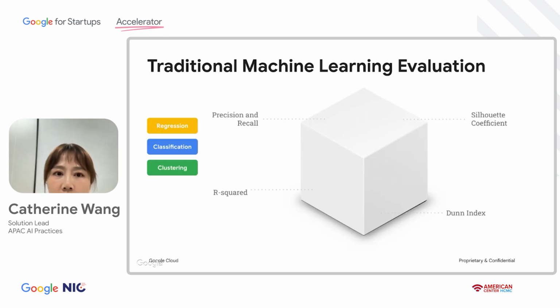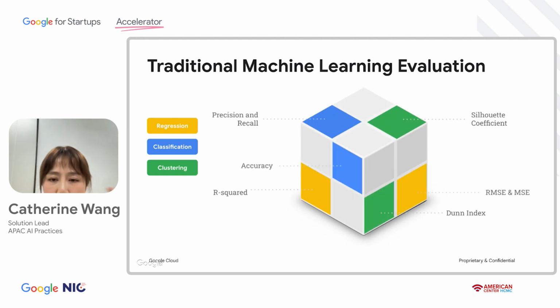requirements. So what are the caveats between traditional machine learning evaluation versus large language model evaluation? For traditional machine learning evaluation, let's take an example of regression, classification, or clustering. We have pretty simple metrics for how we measure different types of machine learning models.